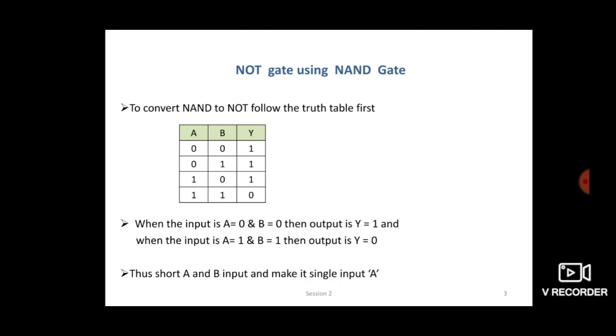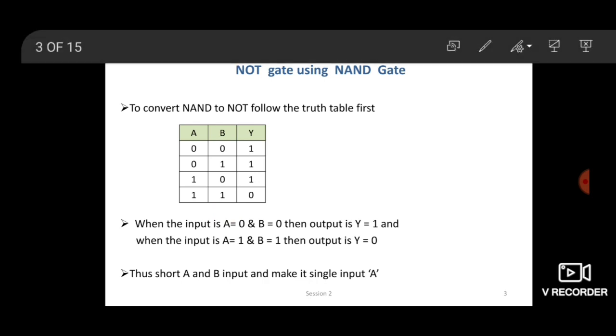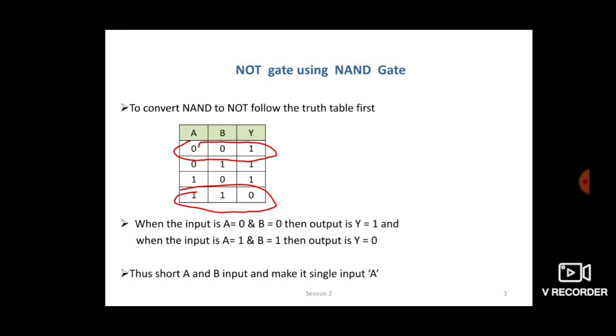If A is true and B is true, then Y is false. Means when input A is equal to 1 and B is equal to 1, then output Y is equal to 0. Also, when A is equal to 0 and B is equal to 0, then output Y is equal to 1.